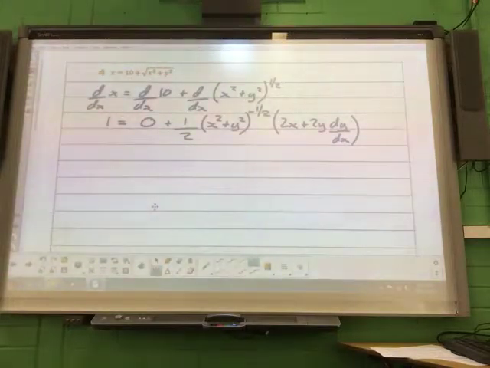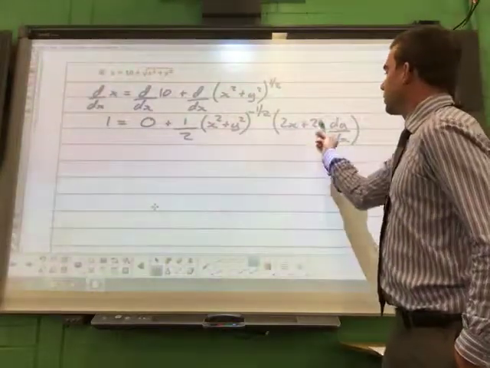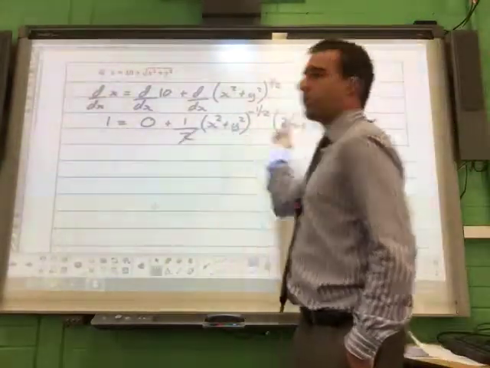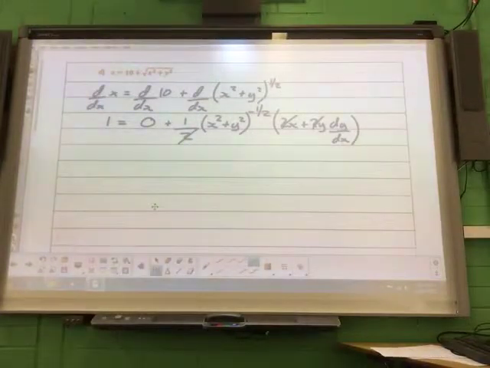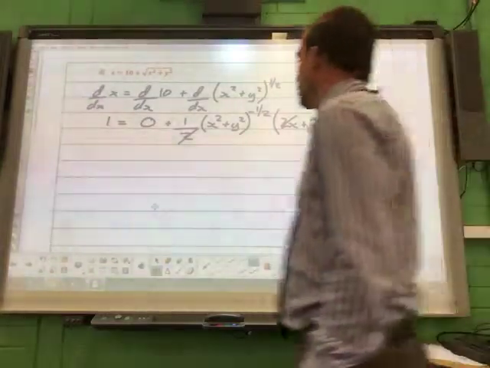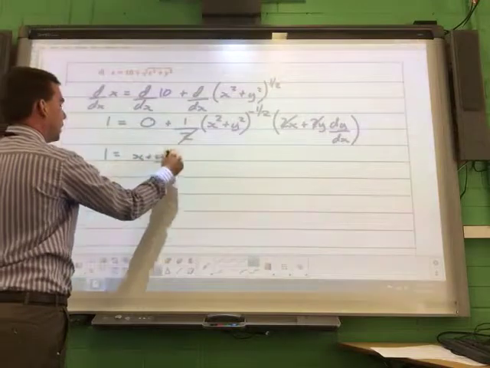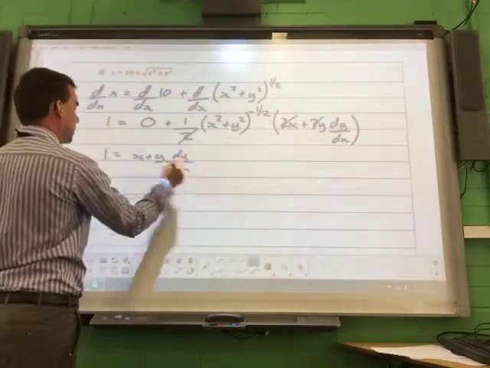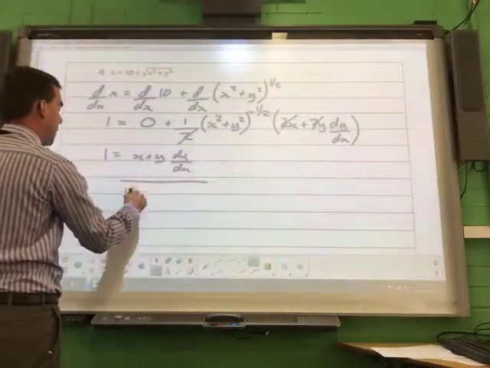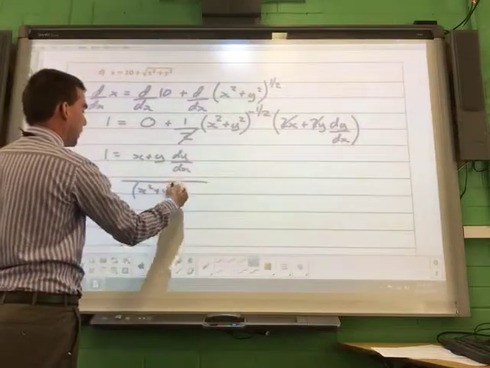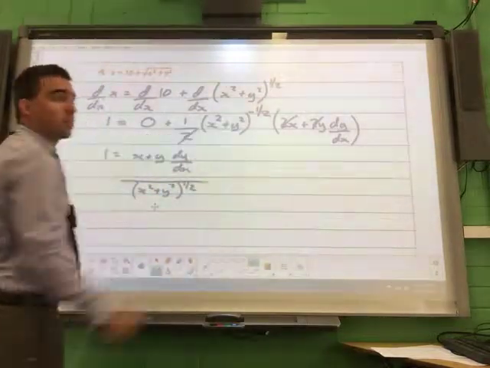It's really an application of the chain rule. This has a factor of 2, 2 and 2 if I were to factorise out, like so. So 1 equals x plus y dy dx all over x squared plus y squared to the half, just applying my index law there.